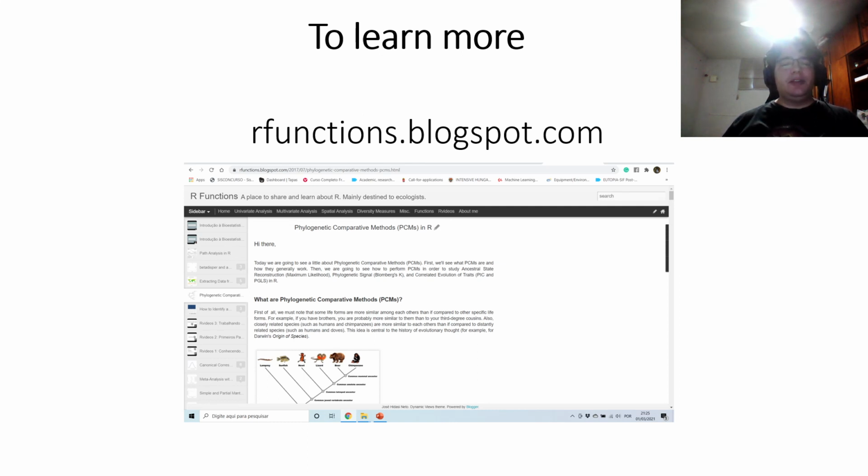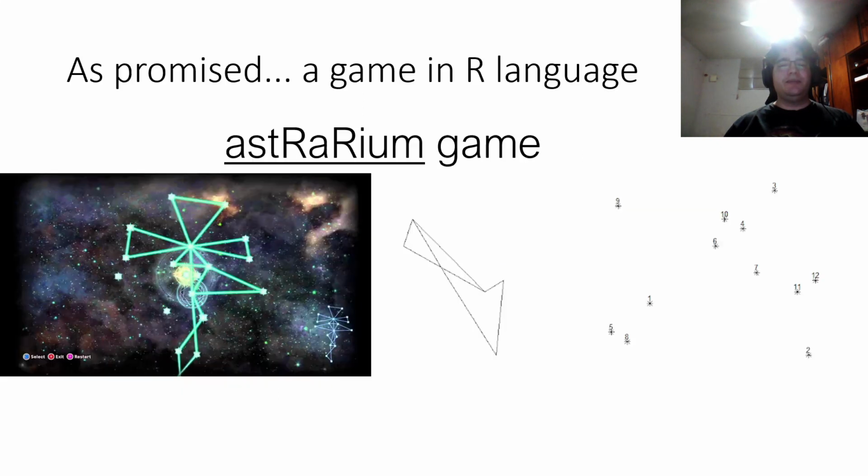You can see how to plot maps about biogeographical patterns. You will see new functions to do things that you can't find in any other place. So check out the blogspot, okay?